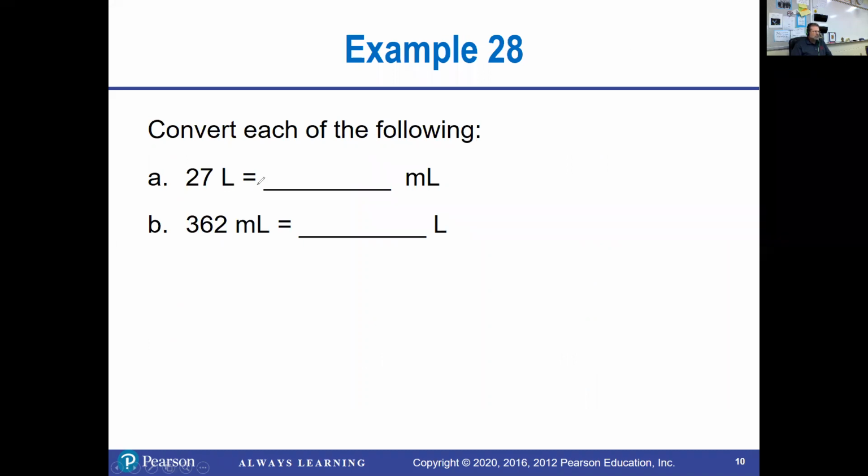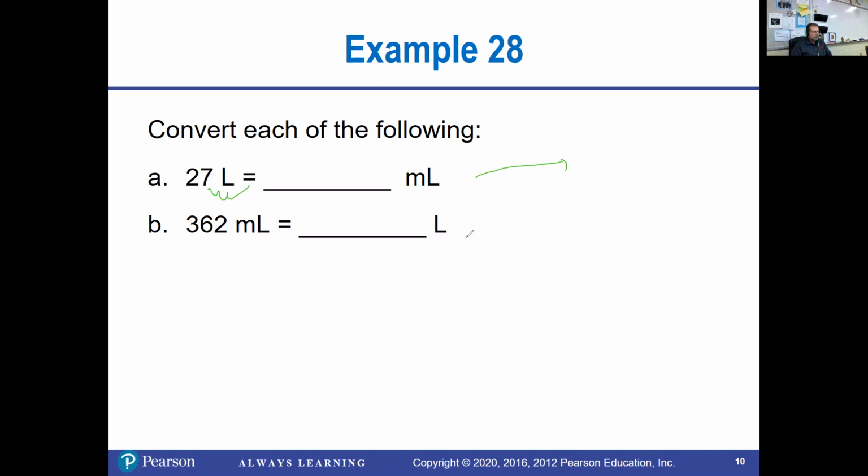We're going from big to little, we're going to the right. How many places? 3. 1, 2, 3. Okay, I'm going from milliliters to liters. That's still 3 places, but it's going to the left. It's small to big. Okay, let's see how we did. There we go, 3 decimal places and 3 decimal places.